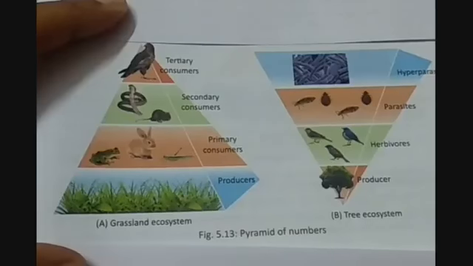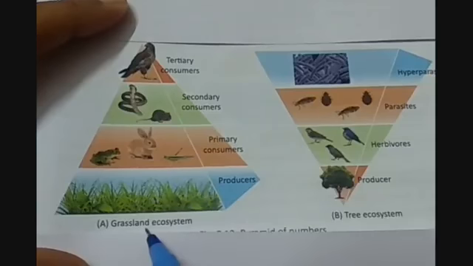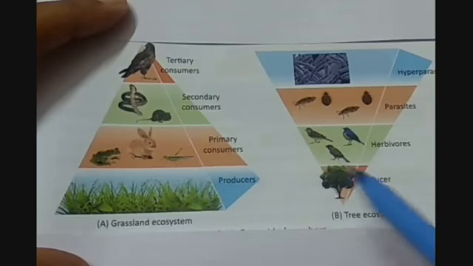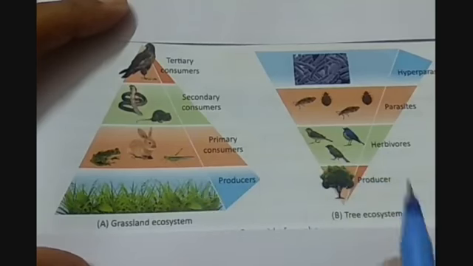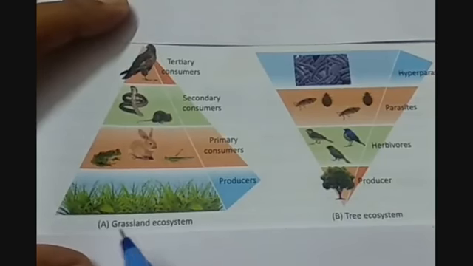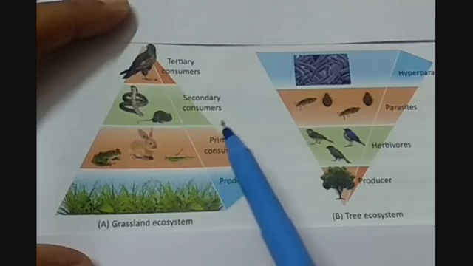So here we have two diagrams in front of you. One is a grassland ecosystem and another is a tree ecosystem. When we discuss these two different types of ecosystems, you will find that one is upright and one is inverted. As the pyramids of numbers show the number of organisms, in a grassland ecosystem the producers are larger in number in comparison to the primary consumers or secondary consumers.